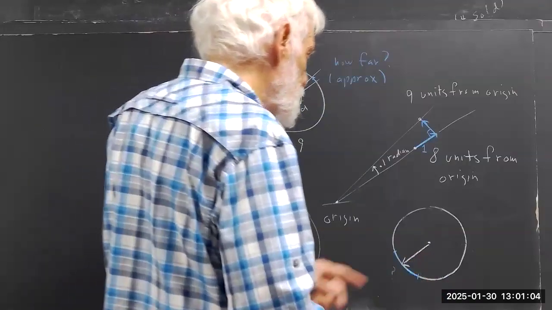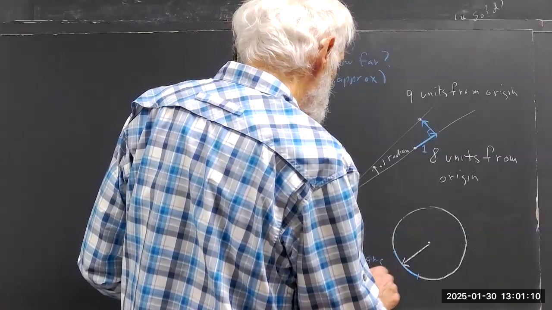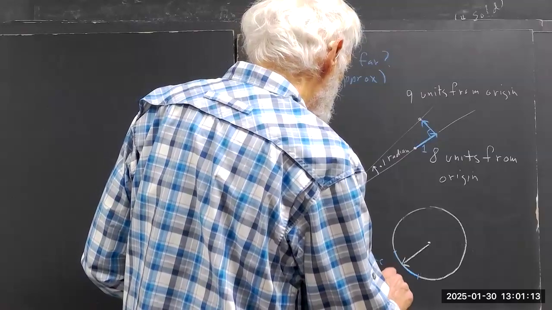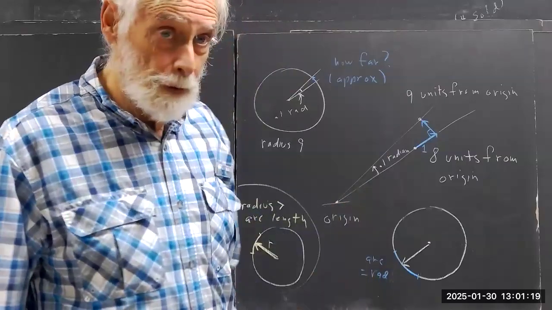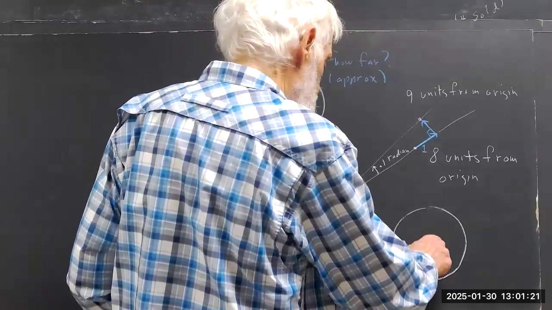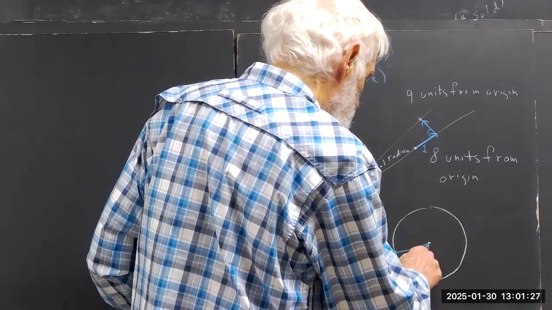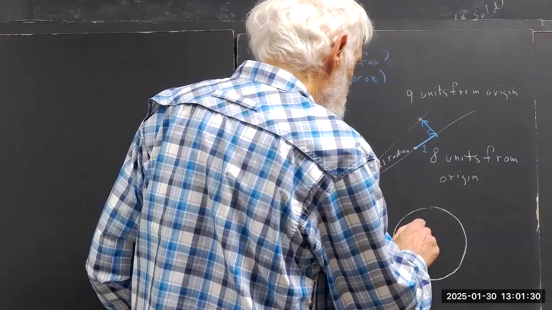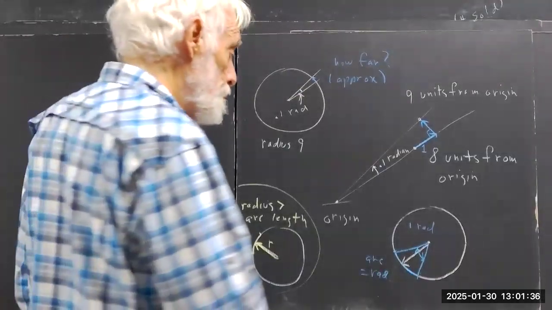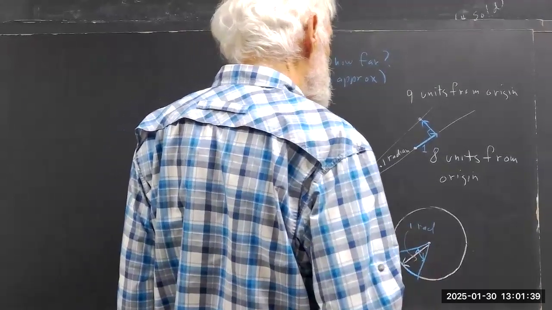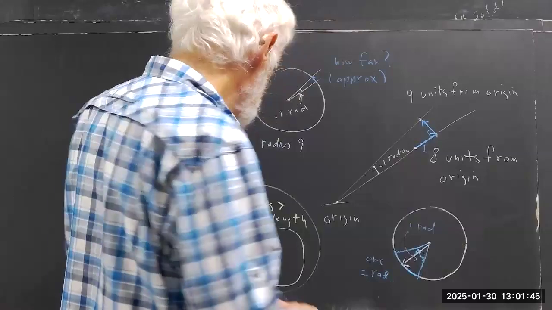Okay. Now, if I've got the radius, it's not a totally well-defined statement, but the arc length is equal to the radius, okay? That would be a 1 radian angle. So what's the total arc distance around the circle?